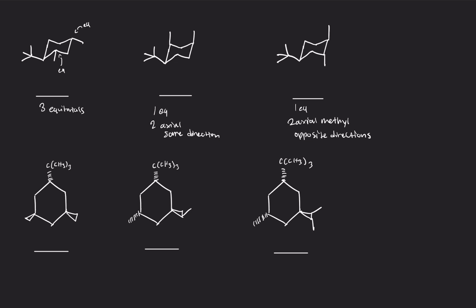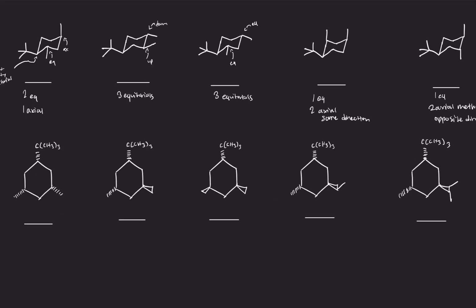Okay, so what's the most stable molecule? If we look at our molecules here, the one with the three equatorials will be the most stable, because equatorial positions in general are more stable than the axial positions.